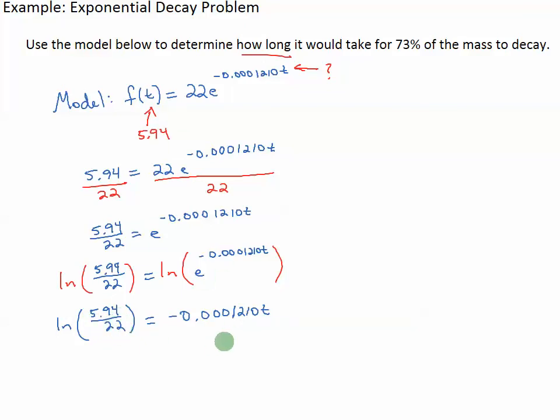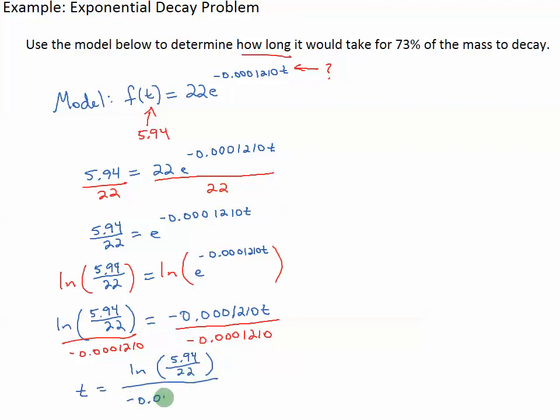Finally, to get t by itself, since that's what I'm trying to solve for, I'll divide by this decimal. So t equals the natural log of the fraction divided by the decimal. And let's put that into Google and see what we get.